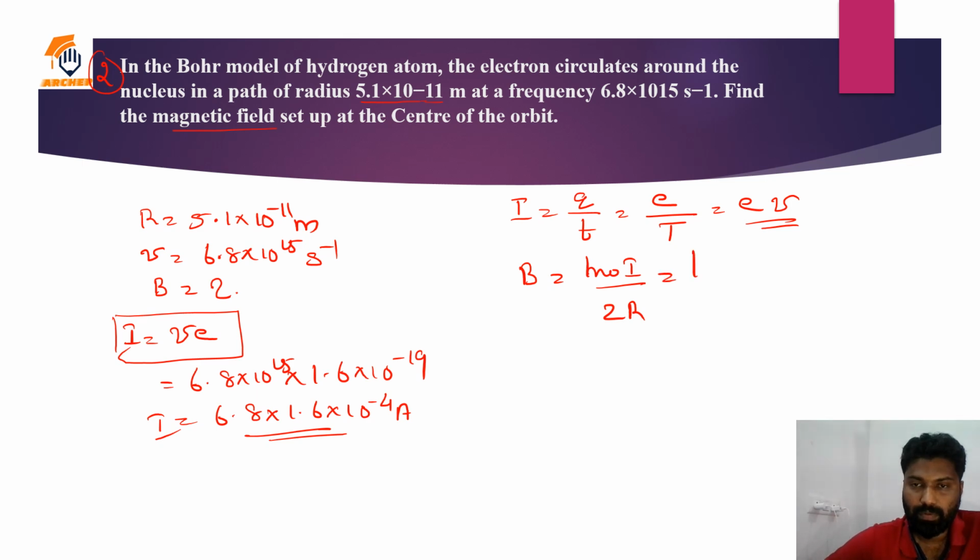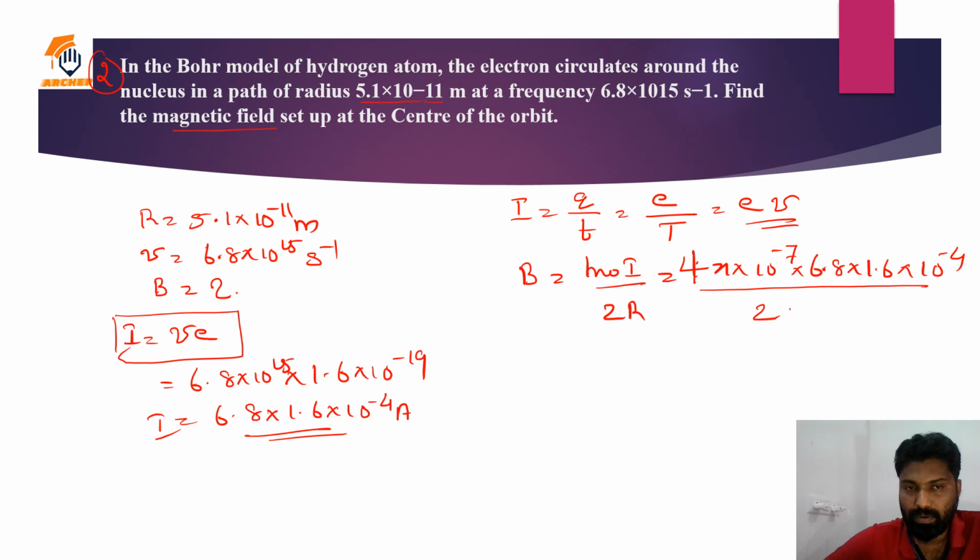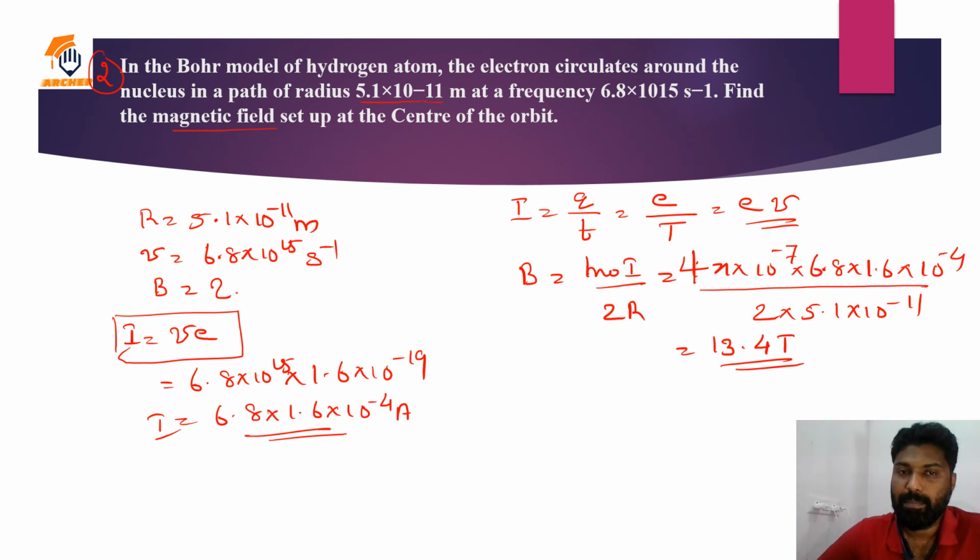So 4π × 10^-7 into 6.8 × 1.6 × 10^-4, the whole divided by 2 × 5.1 × 10^-11. After calculating this, we will get 13.4 Tesla. This is the magnetic field at the center of the orbit.